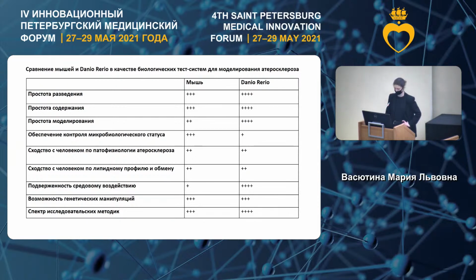Genetic manipulations in case of Danio rerio are simpler because Danio rerio are specific in terms of reproduction and genesis. As for the methods, we should focus on the fact that Danio rerio eggs are transparent and adult animals can also be transparent, and therefore we can monitor changes and disorders in organs and tissues.